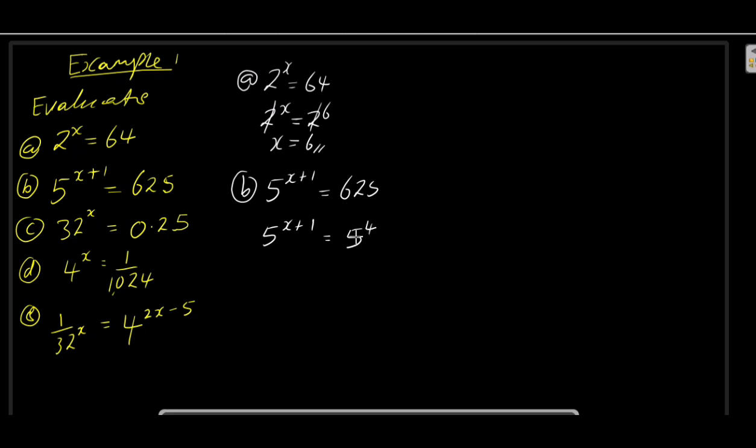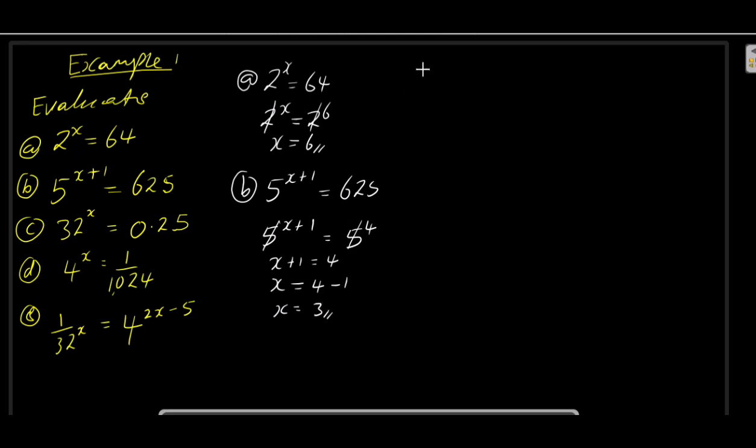We cancel out the same bases, so we are going to have x plus 1 equals 4. This has turned into a linear equation. All we need to do now is to collect the like terms. So x equals 4 minus 1. Therefore, x equals 3.